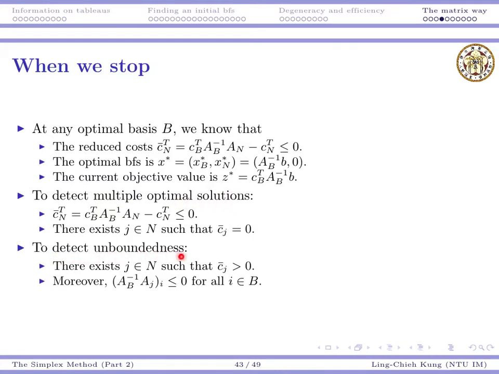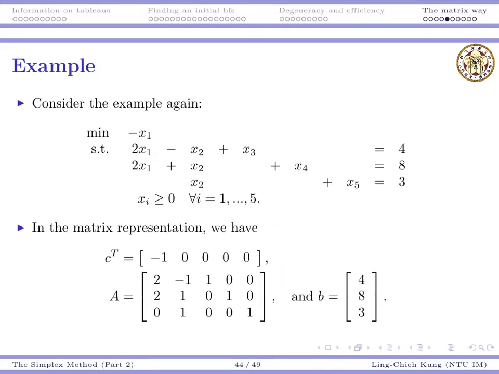To detect unboundedness, we know there should be a non-basic variable having a positive reduced cost, so we have an improving direction. And then all those numbers in the entering column, all those denominators, are less than or equal to 0, so this improving direction is unbounded. So using matrices, we can detect everything we need.